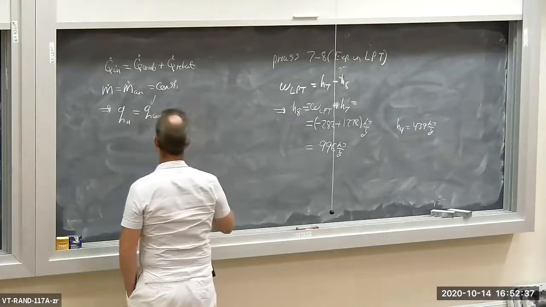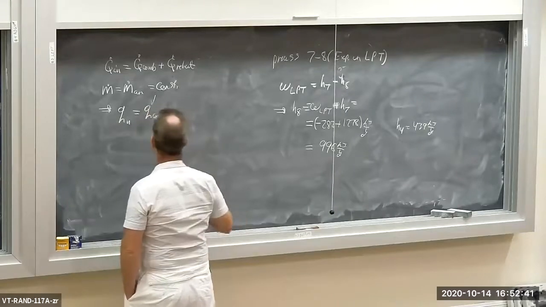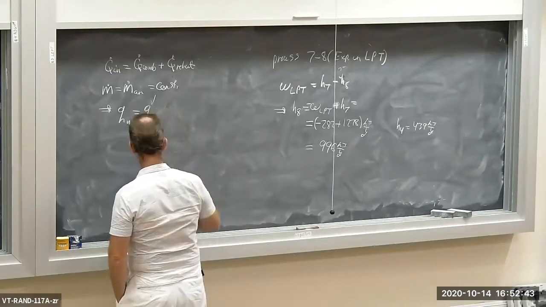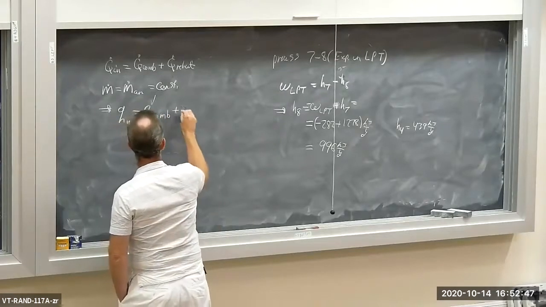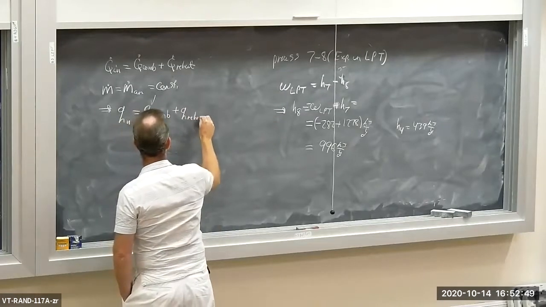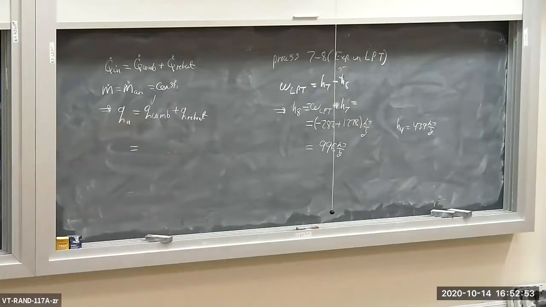Okay, so let me write the revised expression here. So Q combustor plus Q reheat. So that's going to be equal to, oh boy, did I erase it? So that's going to be 1277, sorry about this, minus 439.